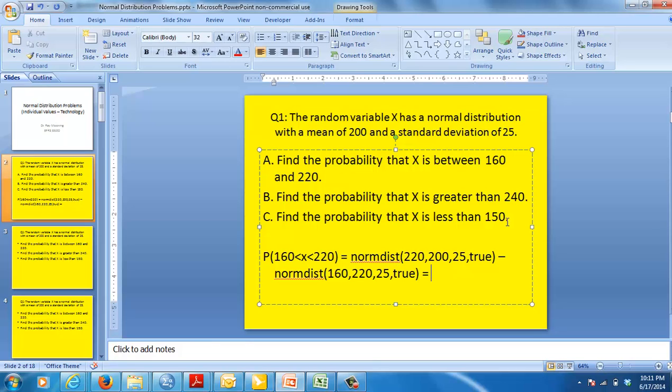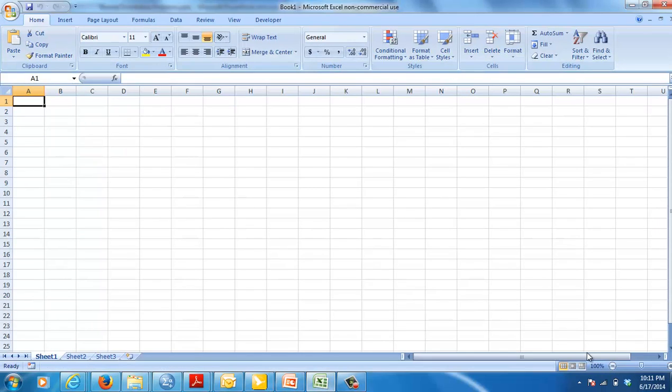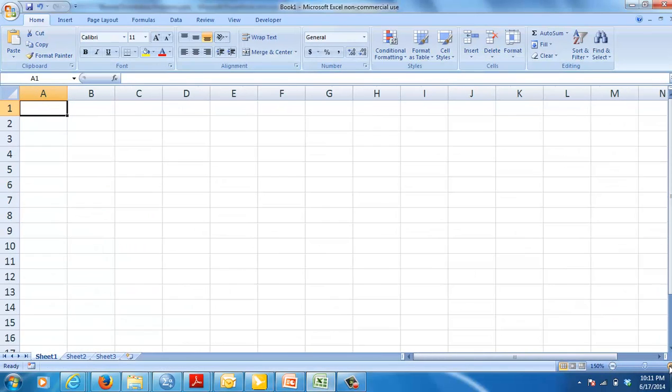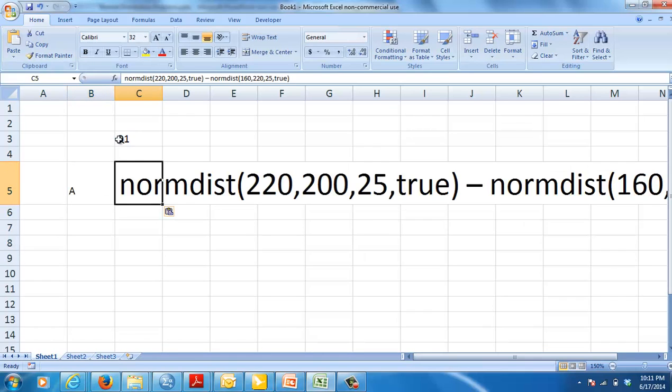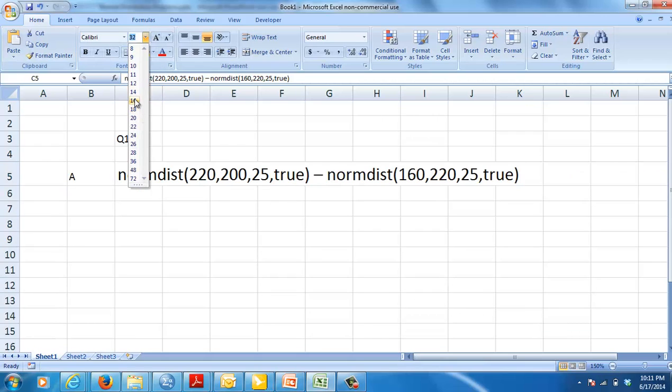Equals. I don't know what this equals, but what we can do is copy the formula. I have Excel open already, so I'll just make it large. Alright, and paste it. So Q1, and A, you're looking at that formula. Wow, that's really big.